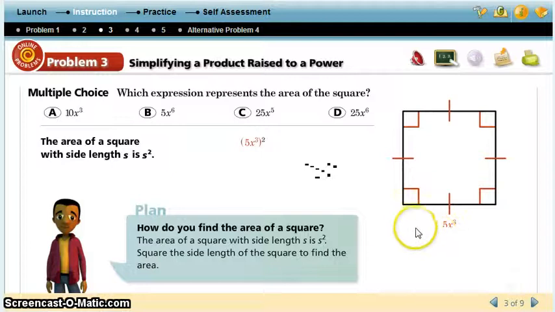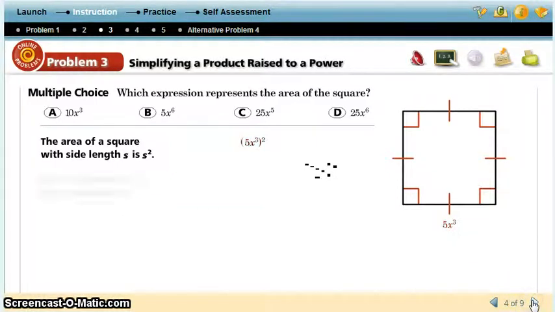So s squared is a way to find the area of a square, and the side length is 5x to the third. So in place of s, this is just substitution. They substituted the side length in place of s in the equation. Raise each factor in the expression to the second power.